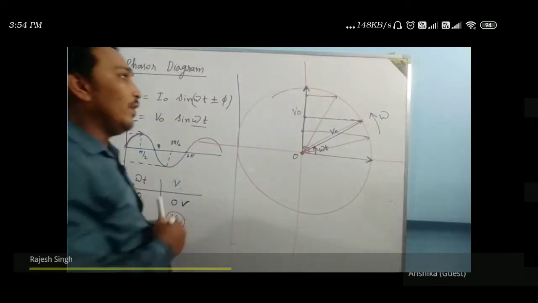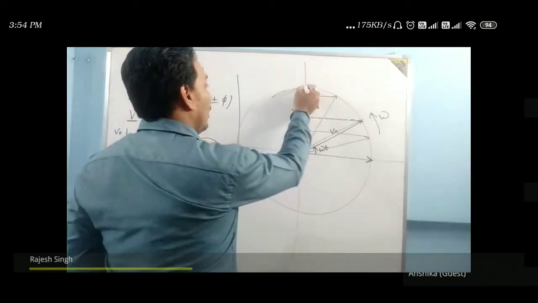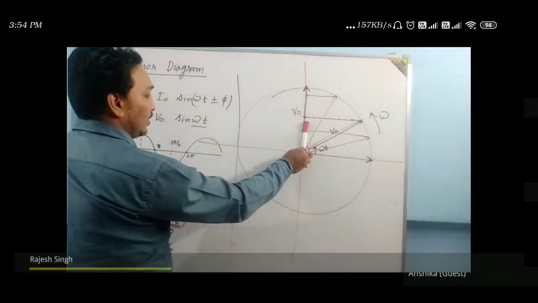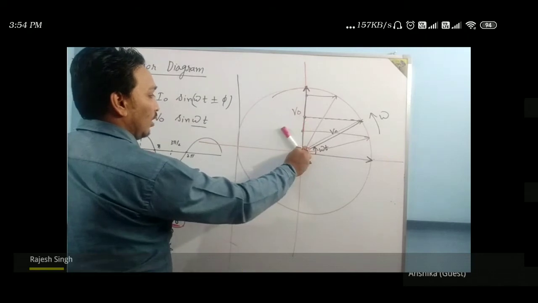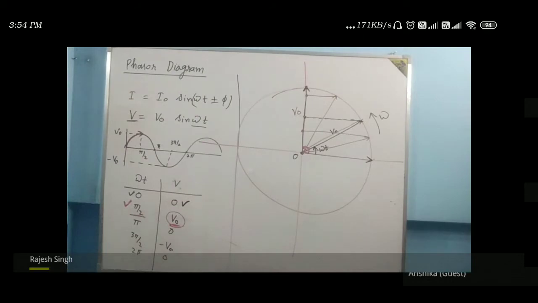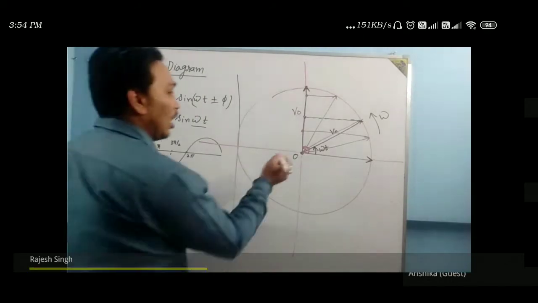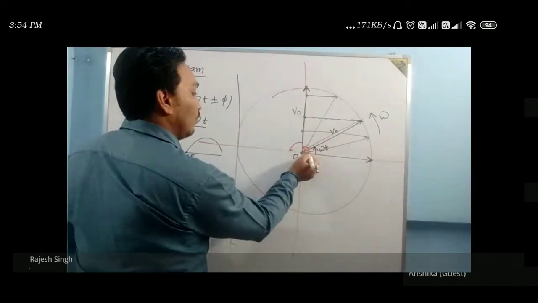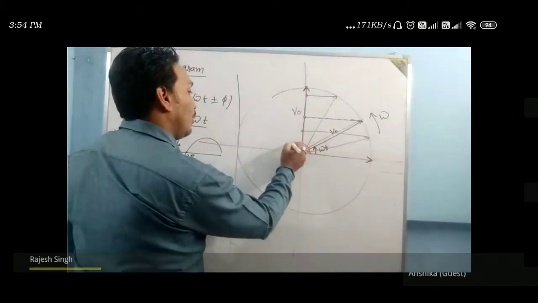Now the arrow rotates further. Now what will happen? How much angle is it covering from pi by 2 to pi? This total angle is pi.